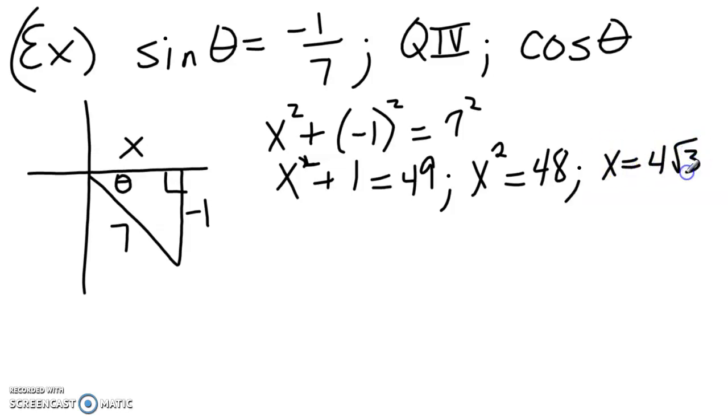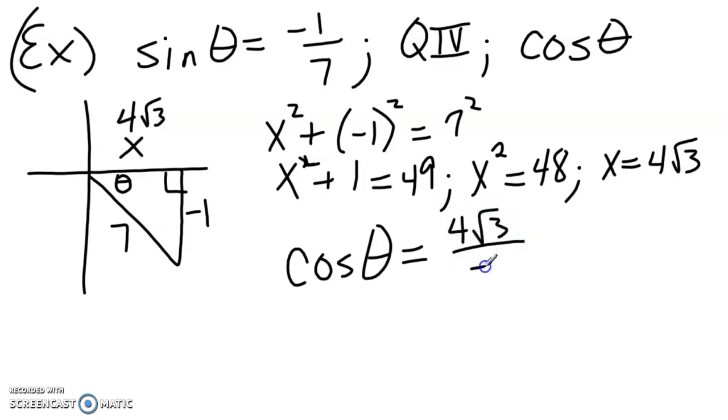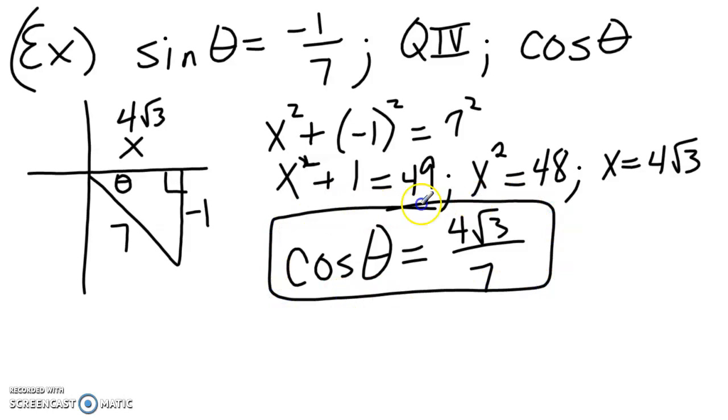Tell me if that's right. Yep. 4 radical 3? And so we have enough information to find the cosine of theta? Cosine is x over r, so that would be 4 radical 3 over 7. And there we go.